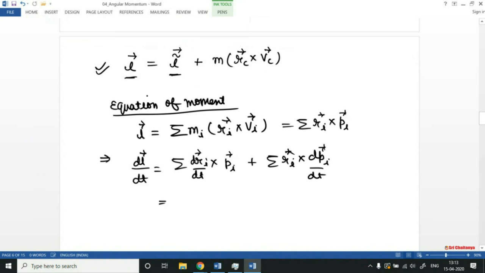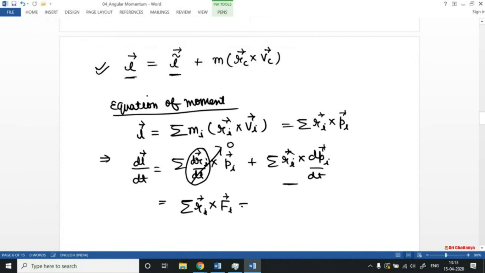So this first quantity will turn out to be equal to 0 because dri/dt is nothing but vi, and pi is nothing but m into vi. So vi cross vi will be equal to 0. So we will be left with the second term, which is summation of ri cross Fi, since dpi/dt is nothing but Fi.